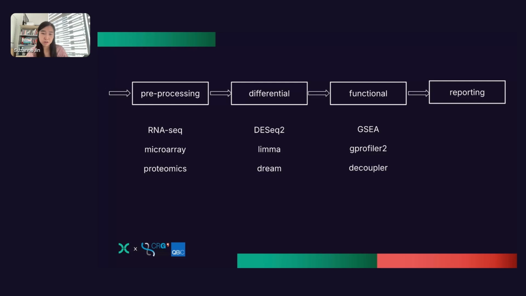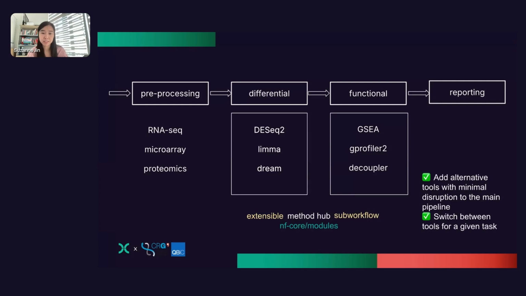Then, all the methods that address the same task are encapsulated into respective hubs workflows. This is so that switching between different tools for a given task can come more naturally, and in the future the addition of alternative tools will require minimal disruption to the main pipeline code.